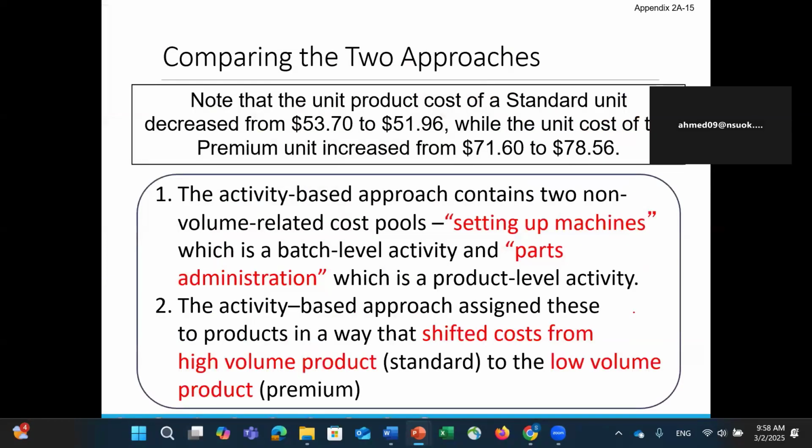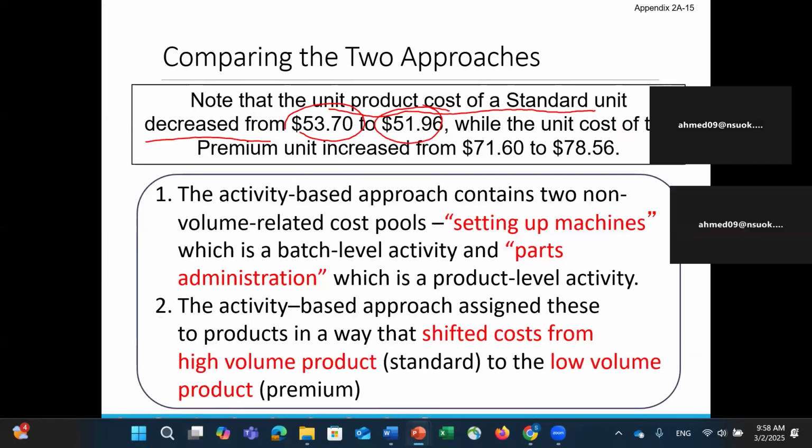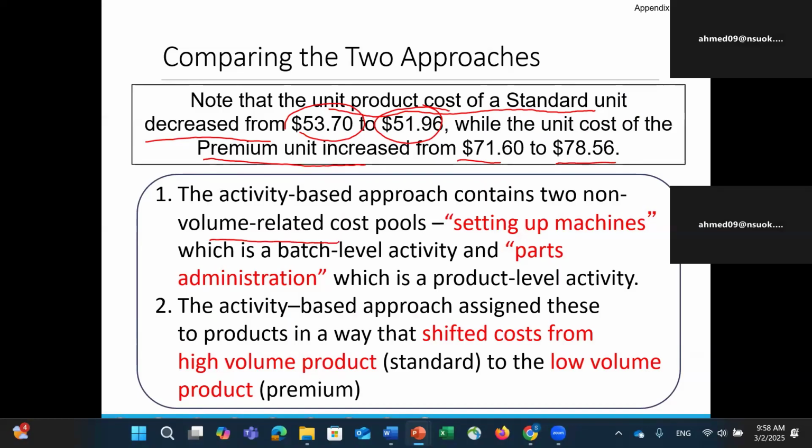So note that the unit product cost of the standard unit decreased from 53 under the traditional to 51, while the unit cost of the premium increased from 7 to 78. The activity-based cost contains two non-volume related costs: set up machines, and also parts of administration.